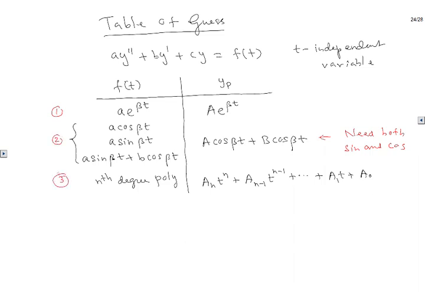Unfortunately, those are the only three types that you can solve using the undetermined coefficient method. If you see anything else, you cannot use that method, but this still covers a lot of cases. For example, if you see tan or secant or something like that, this is not going to work. We have to use other techniques for that, what we call variation of parameters, which we can discuss later.